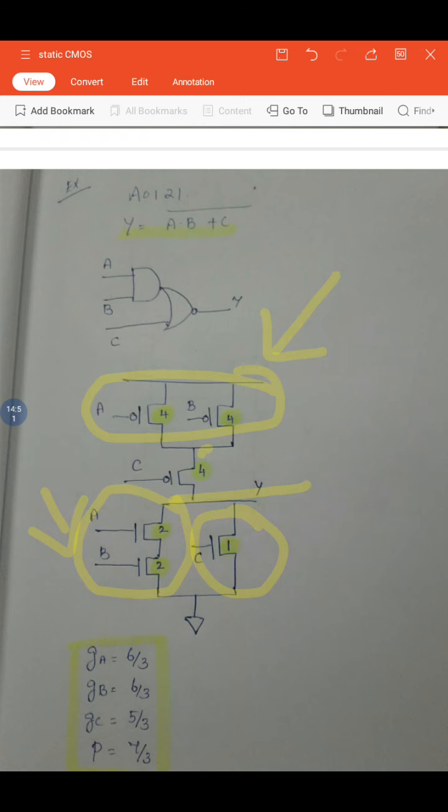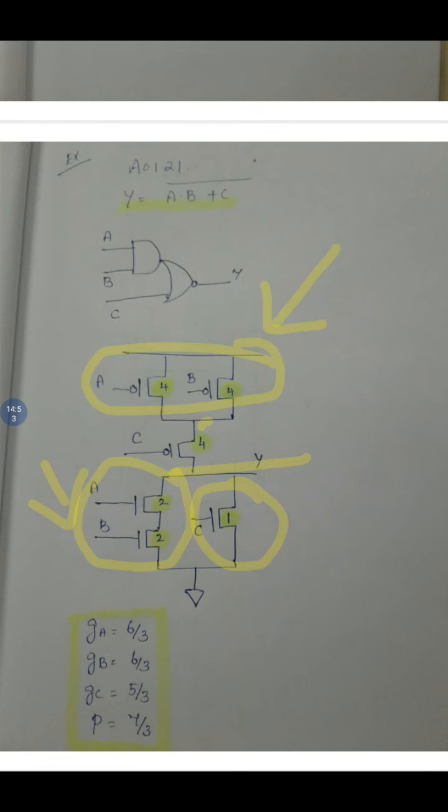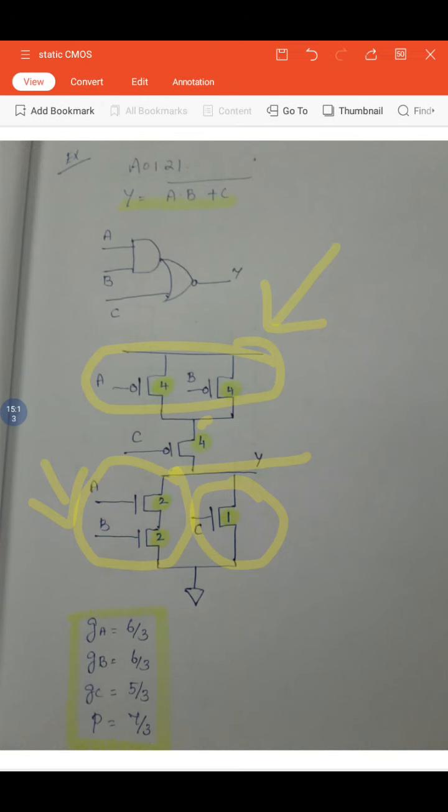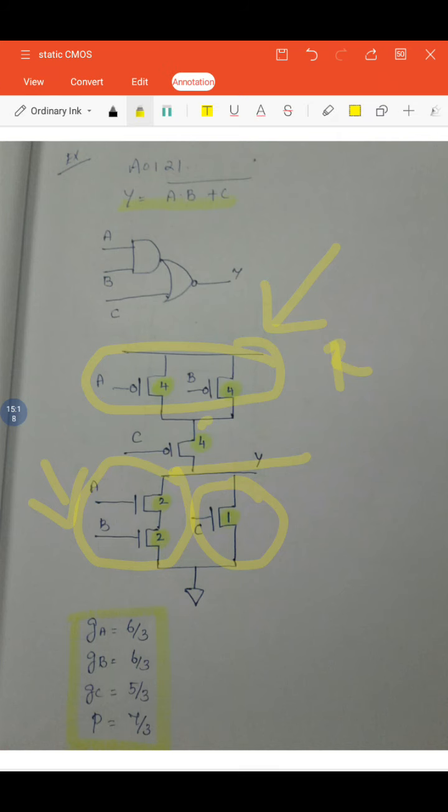Once you finish the CMOS implementation, we have to assign the sizes of these gates. But in most problems, they will give the sizes to you. If the sizes were not mentioned, you have to identify them. As I already said, for an NMOS transistor the resistance is R by K, where K is the size of the MOS.